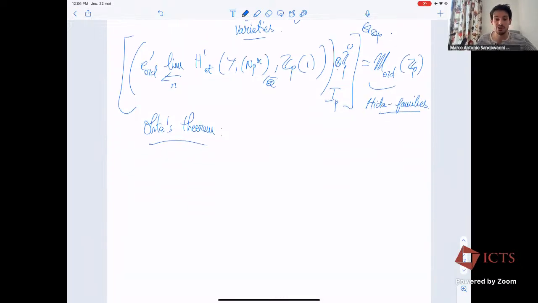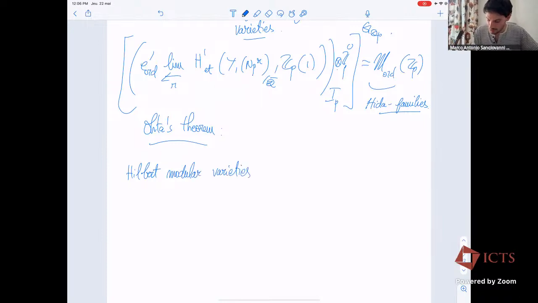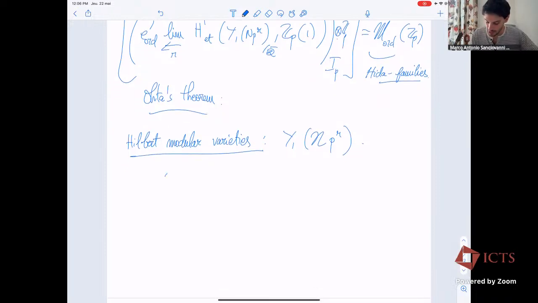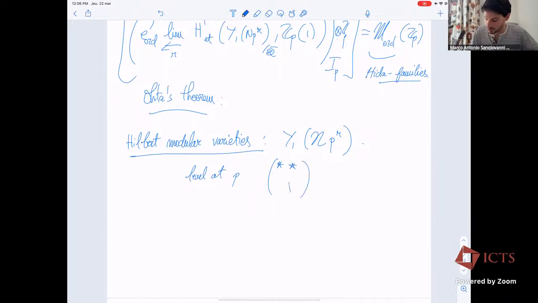So I'm going to state the theorem in the case of Hilbert modular varieties. So now I have Y_1 of n, Frac, and then p^r. So this is the Hilbert modular variety, but with level at p, that is the one that's relevant for the ordinary level structure.